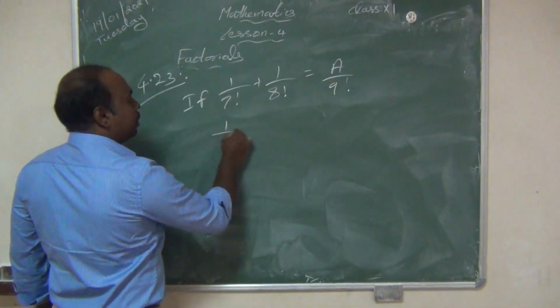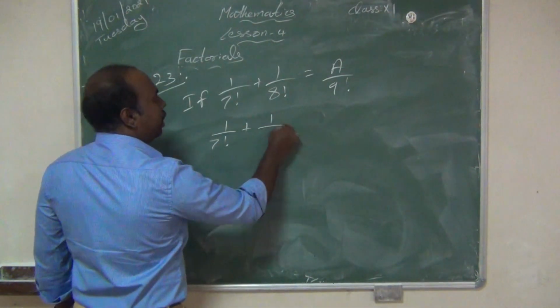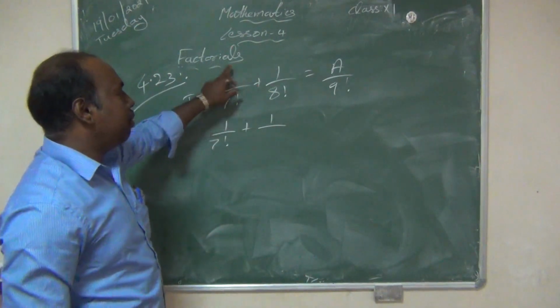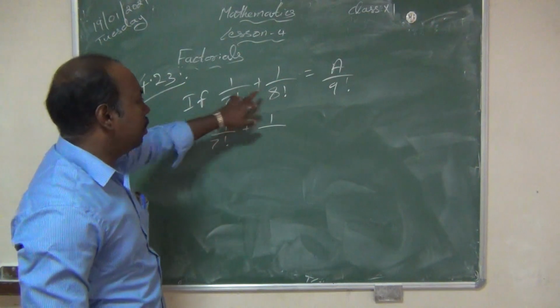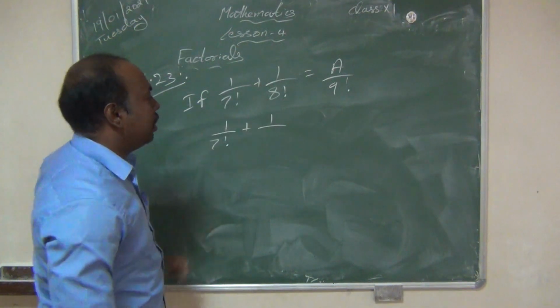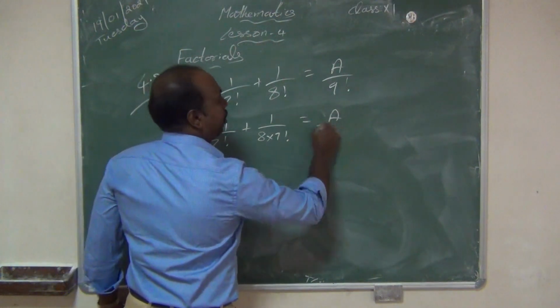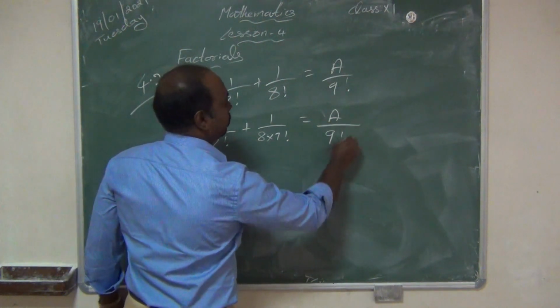So here 1 by 7 factorial plus 1 by 8 factorial can be written as: the first term has denominator 7 factorial, so 8 factorial can be written as 8 into 7 factorial, equal to a by 9 factorial.